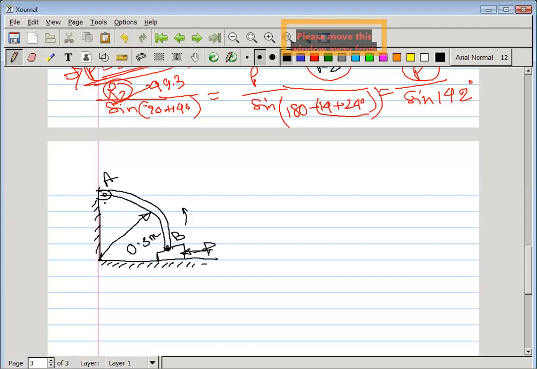Please try to understand the question properly first. This is your hinge, which means this semicircular rod can move upward because this is a hinge joint. It can rotate actually.